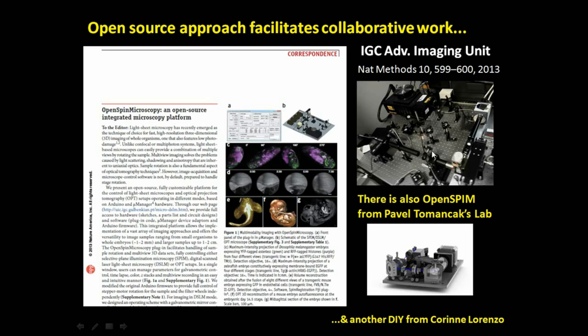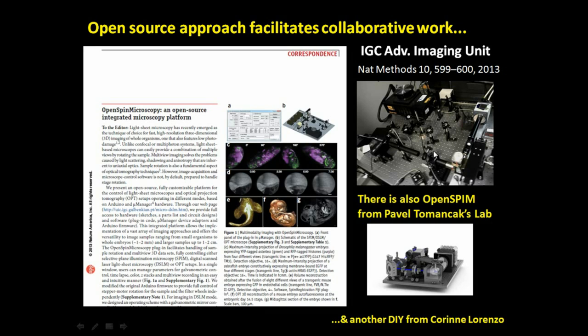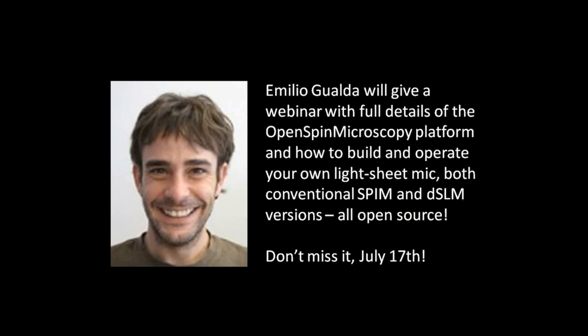All of it is fully open source. And you can get even other combinations of it. And I'm not going to tell you more details because Emilio, the person who developed the plugin itself, will give you the full details of it in a webinar on, I'm not exactly sure whether it's the 16th or the 17th. I believe it's the 17th, but the Bitplane guys will make sure you know the right date and times.